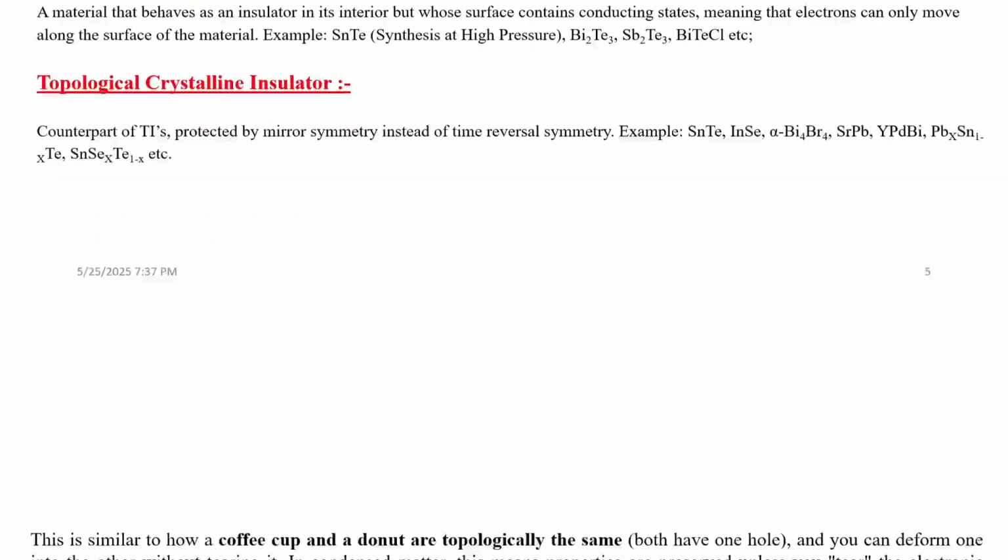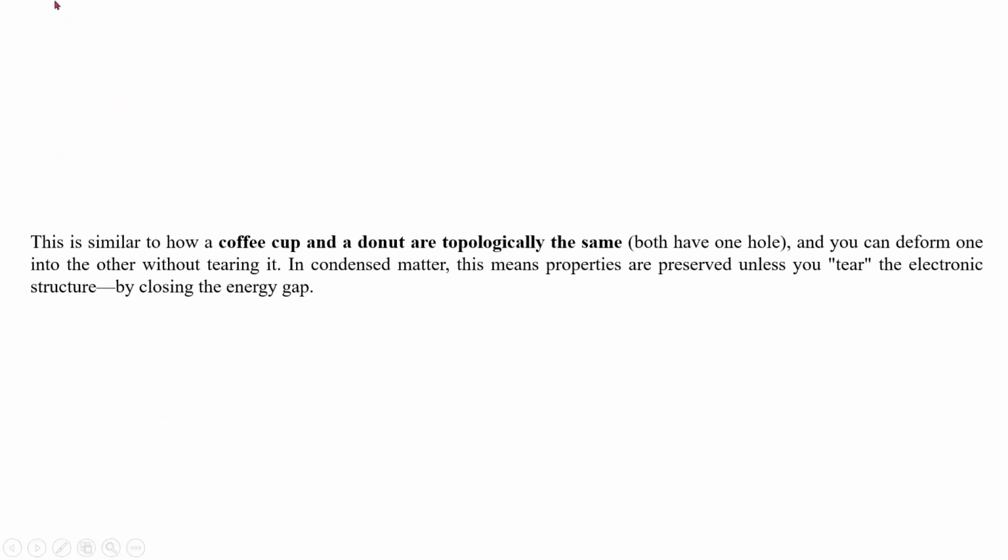So this states that the coffee mug and donut are topologically protected. And why are they topologically protected? Because in the coffee mug and donut there is only one genus. If we consider a donut made of rubber and stretch it, we can change it into many shapes.